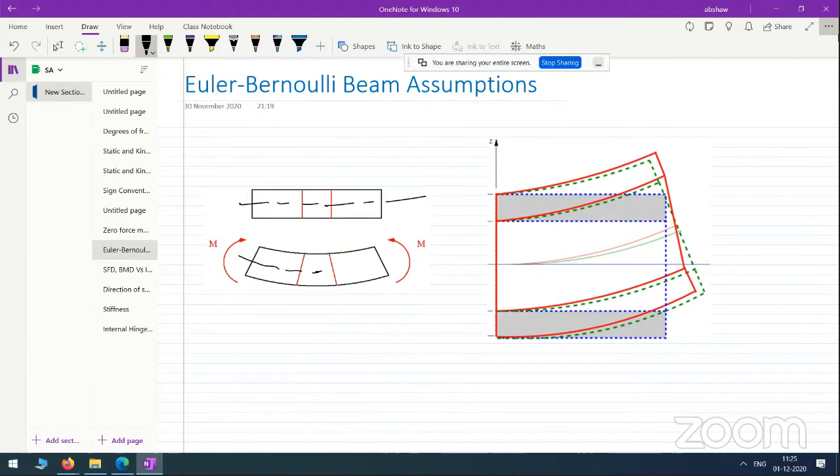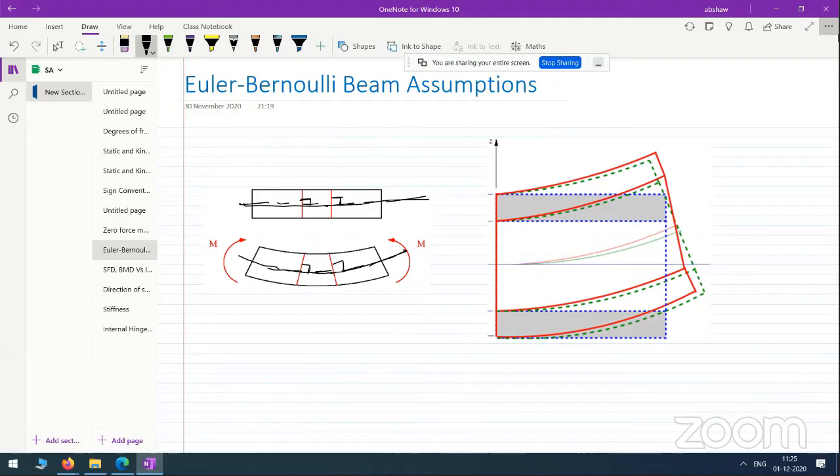Again, I draw the neutral axis as a solid line so you can understand. Before bending it is 90 degrees, this is 90 degrees, meaning normal to the neutral axis, and even after bending these angles remain 90 degrees. That's what this assumption says. When we say this angle remains 90 degrees, it means you have to take a tangent to this neutral axis, and the angle between the tangent and the plane remains 90 degrees.